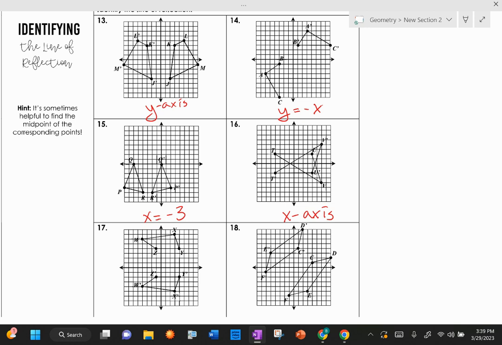Yeah, mini staples. Oh, somebody did use them all.